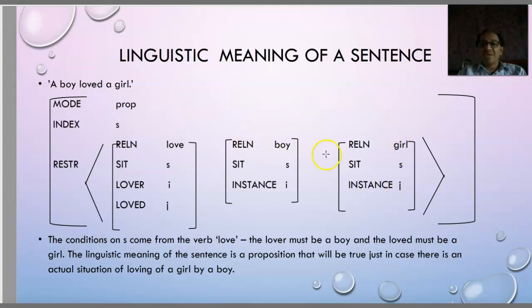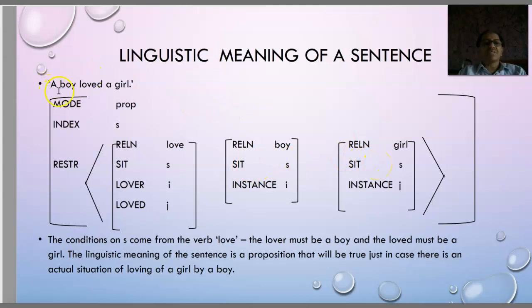Now we see that the words boy, girl, and love contribute to the meaning. What is the meaning? I, who is a boy, J, who is a girl, where I loves J, that is, the boy loves the girl. So that meaning is obtained by the three words which we have here.